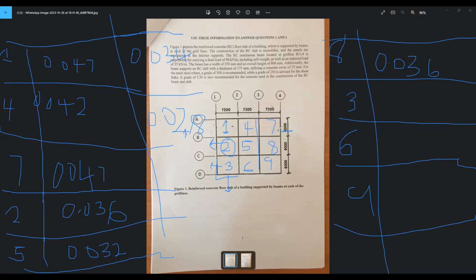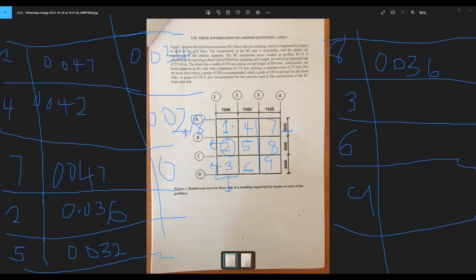You go to panel 7. Panel 7, we said, is two adjacent edges discontinuous. So with two adjacent edges discontinuous, you go to positive moment at midspan, and under that you go to the last box horizontally, the last column and the last row, the long span coefficient βy for all values of Ly over Lx under two adjacent edges discontinuous.